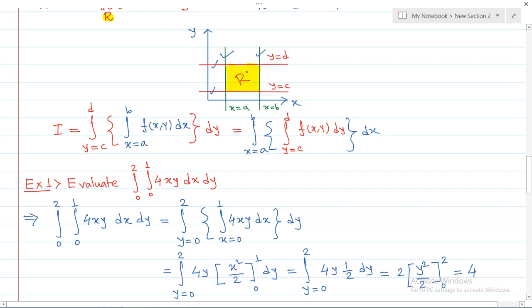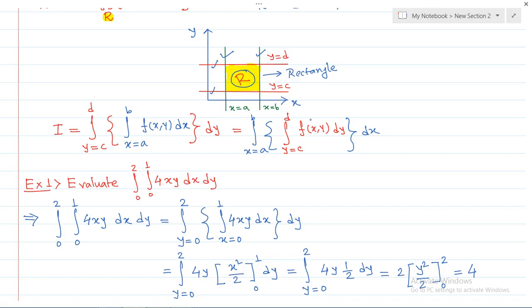This is our region R, over which any function z equals f(x, y) we have to integrate. This region R will be in the form of a rectangle or maybe a square, but there will be only four lines, no shape other than a rectangular shape.